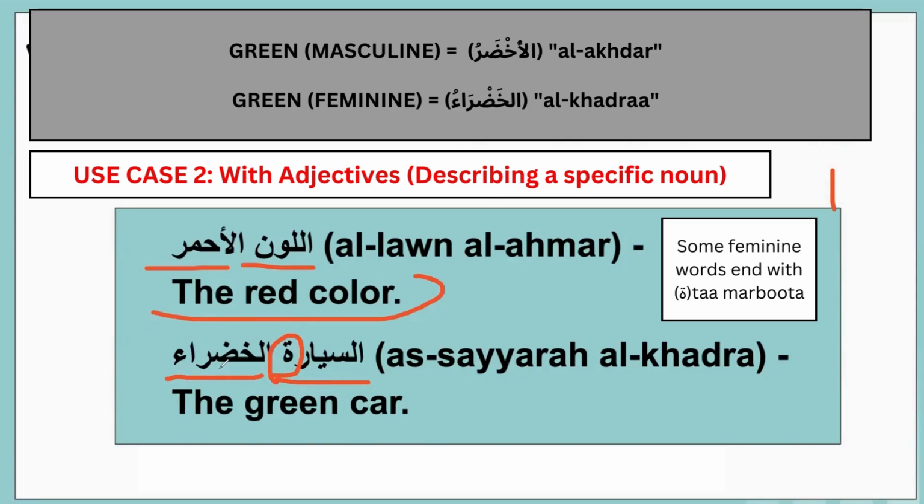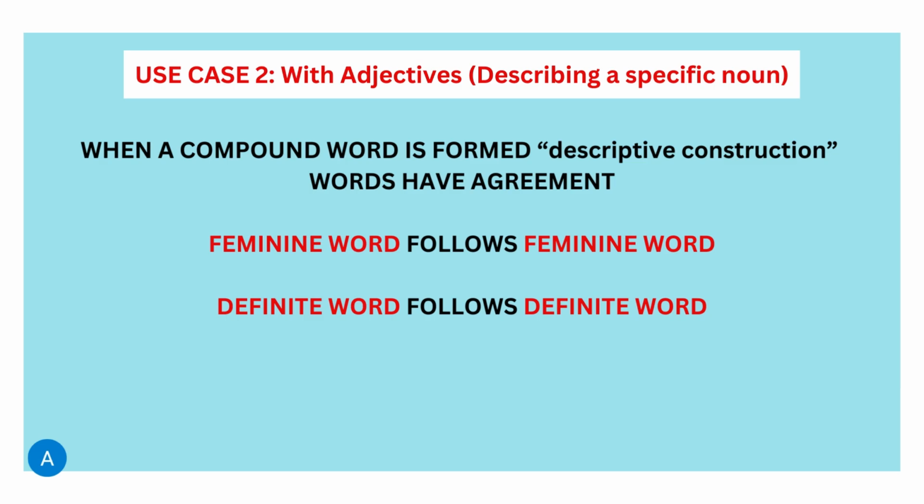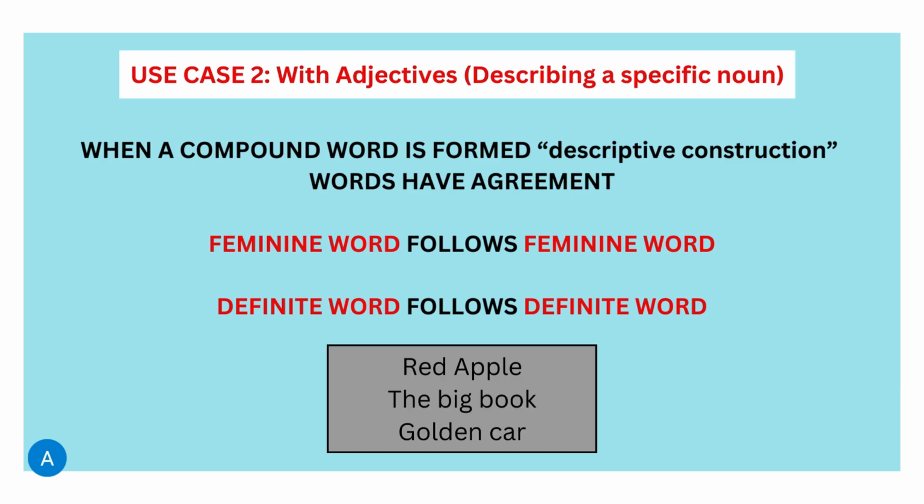So in Arabic, when a compound word is formed, which we call a descriptive construction, I mean the words which make a single meaning. Two words which are making a single sense, such as red apple, the big book. We have two words, but they have a single meaning.